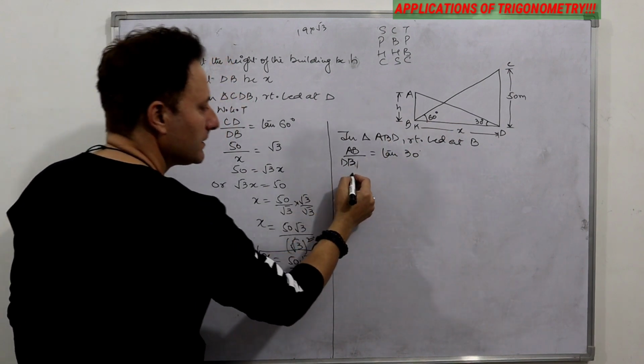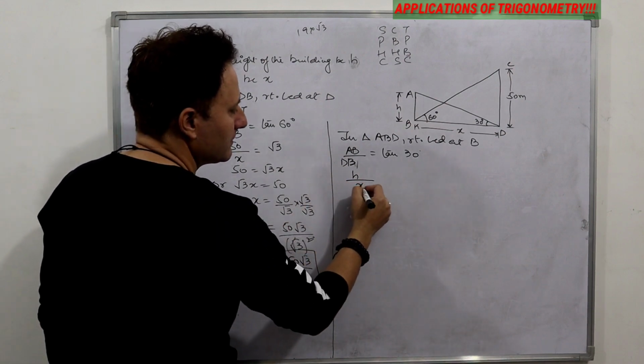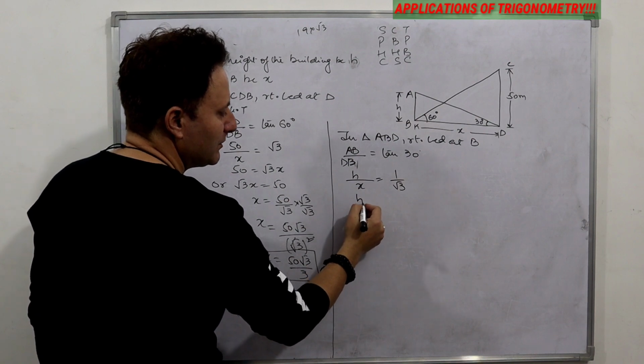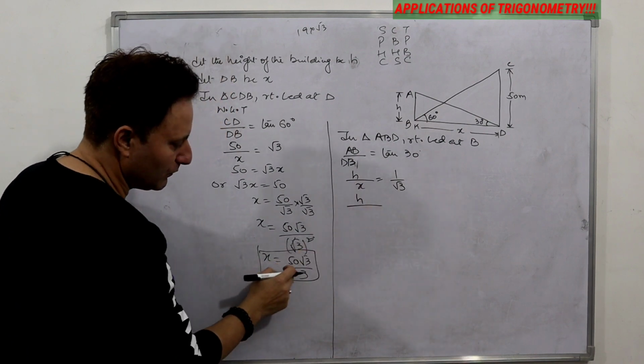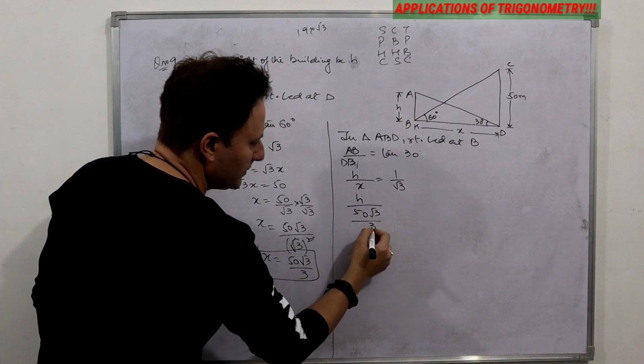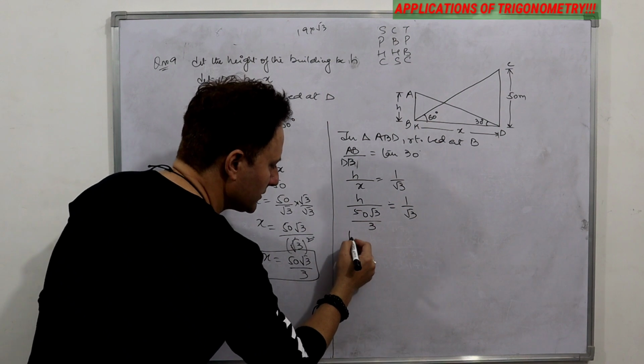So AB is h, that's what we need to find, and DB is x. Tan 30 is 1 upon root 3. H will be as it is. X, we have the value, that is 50 root 3 upon 3, is equal to 1 upon root 3. Let us reciprocate this.